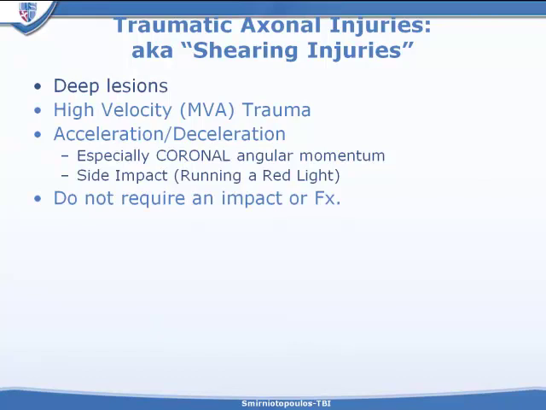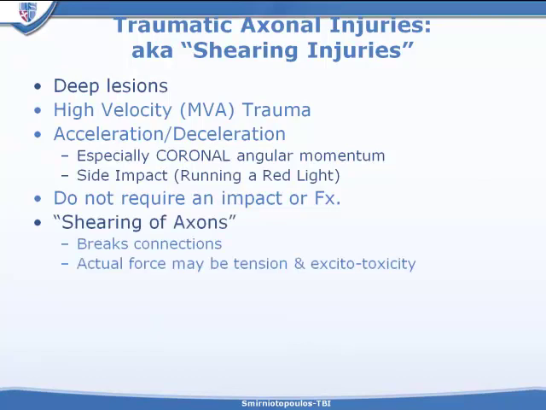You do not have to have an impact or a fracture, but they are very common in patients who have shearing injuries. And the discussion of shearing injuries typically revolves around a mechanical disruption of the axons, although it has been suggested that there is actually a tension and an excitotoxicity that causes autoamputation of the axons.